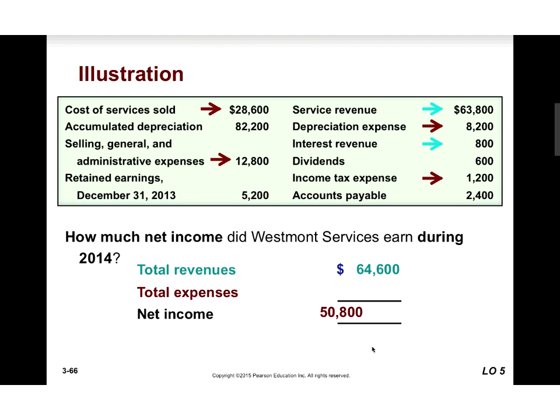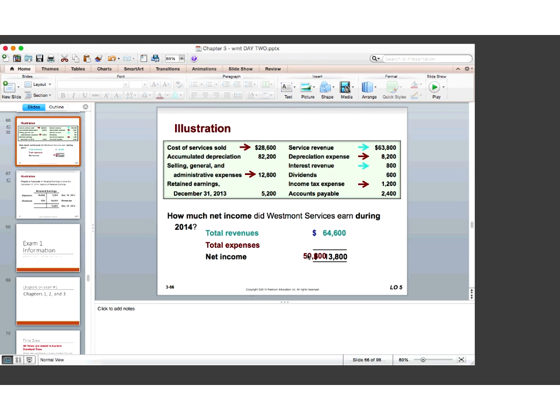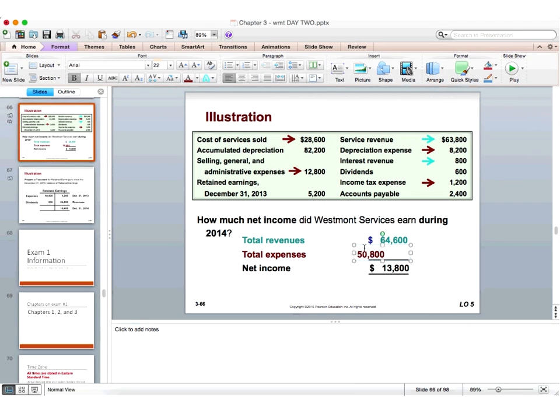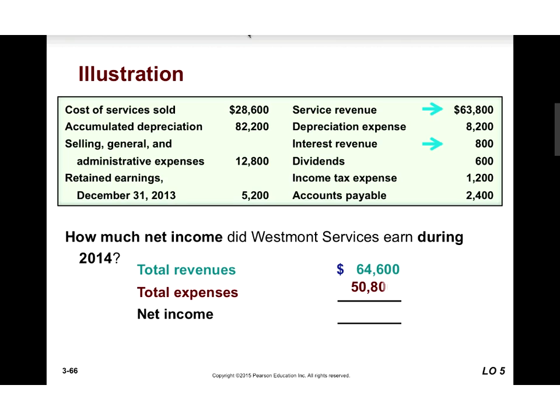Total expenses were the four expenses added together. So my net income would be my total revenues minus my total expenses. Dividends never, ever, ever impact net income.